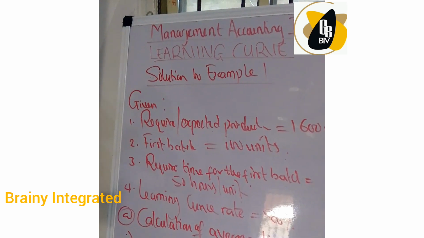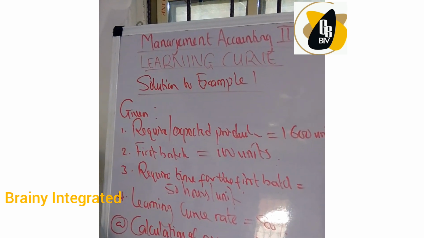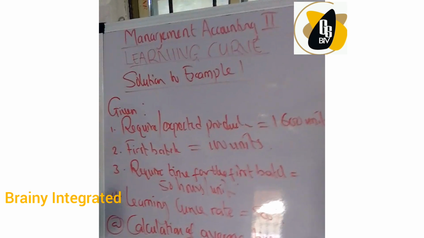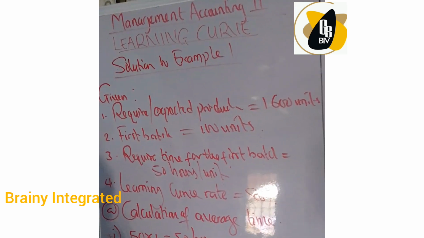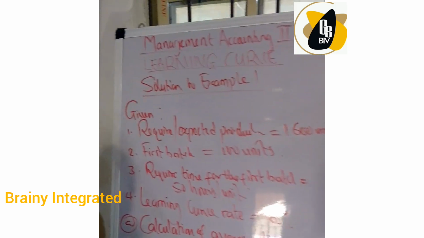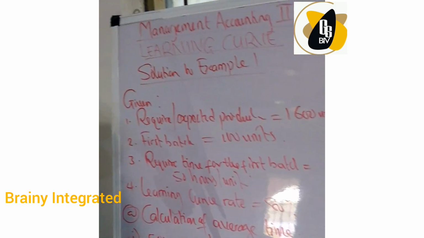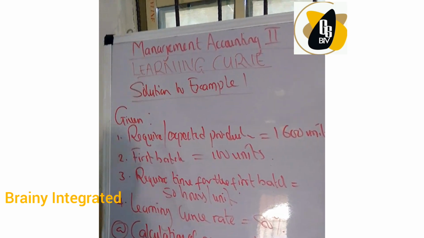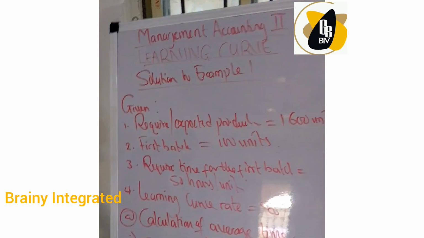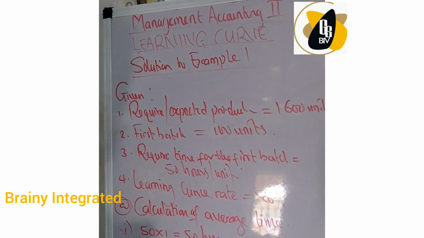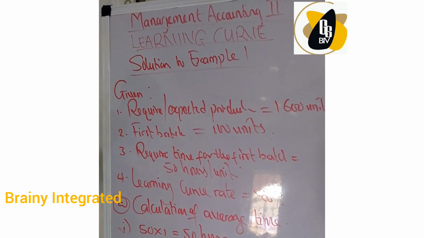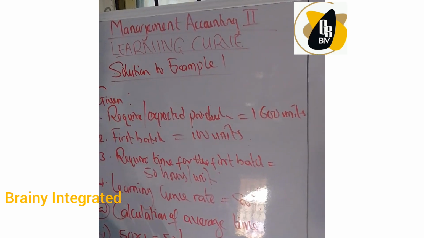So for the next batch, what we are going to do is apply the learning curve percent. So the learning curve percent is 80%, times the first hours given. If we multiply that, we are going to arrive at 40 hours.